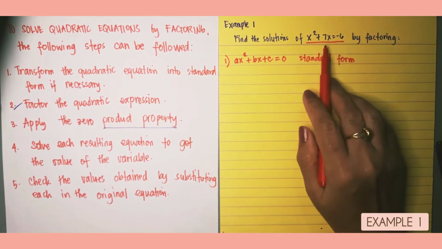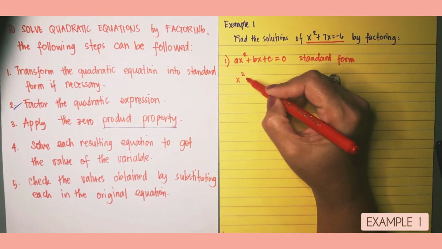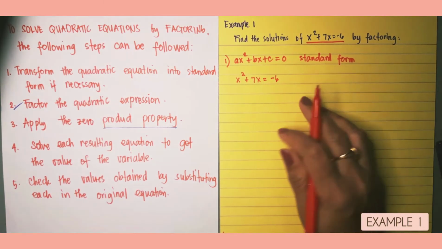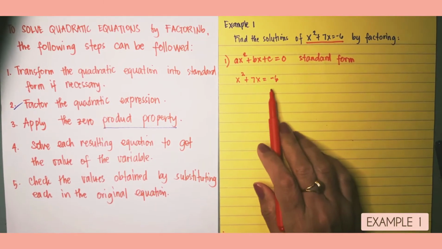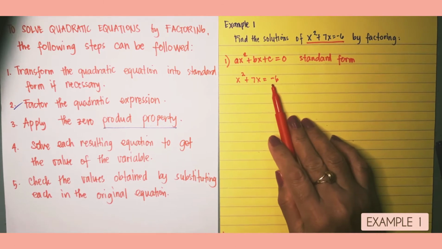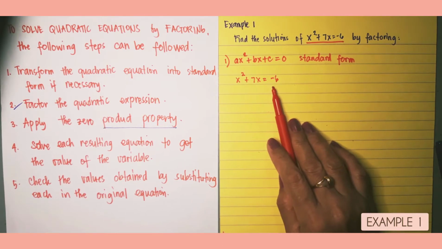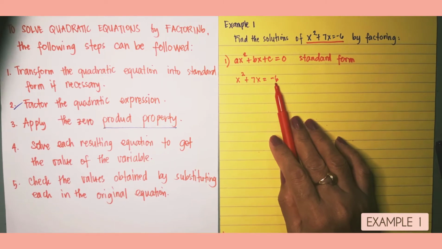And obviously, our given x squared plus 7x equals negative 6 is not yet in the standard form. Now, in order for us to do this, we simply need to make negative 6 equal 0. So, negative 6 becomes 0 if we add positive 6.